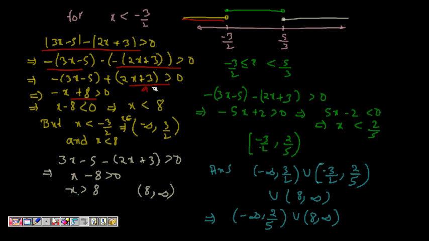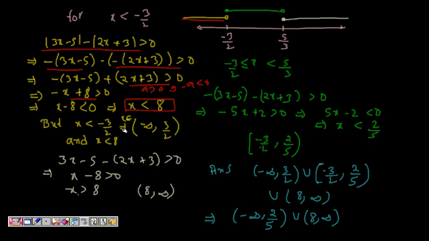If we have a is greater than 0, it implies minus a is less than 0. So if you multiply by a negative number, the inequality sign changes, okay. So minus x plus 8 is greater than 0, so x minus 8 is less than 0, x is less than 8. So this inequation is true, but we must remember that we had this definition only when x is less than minus 3 by 2.